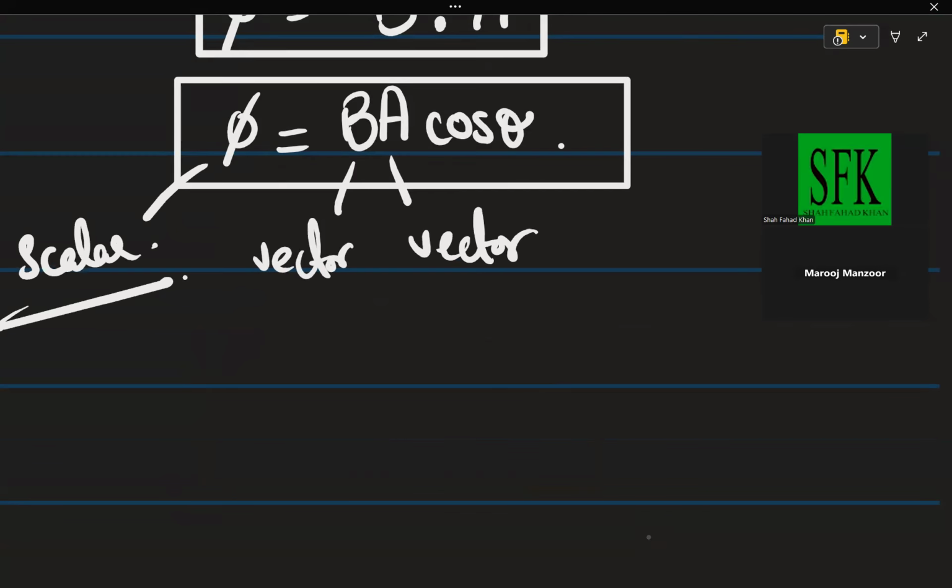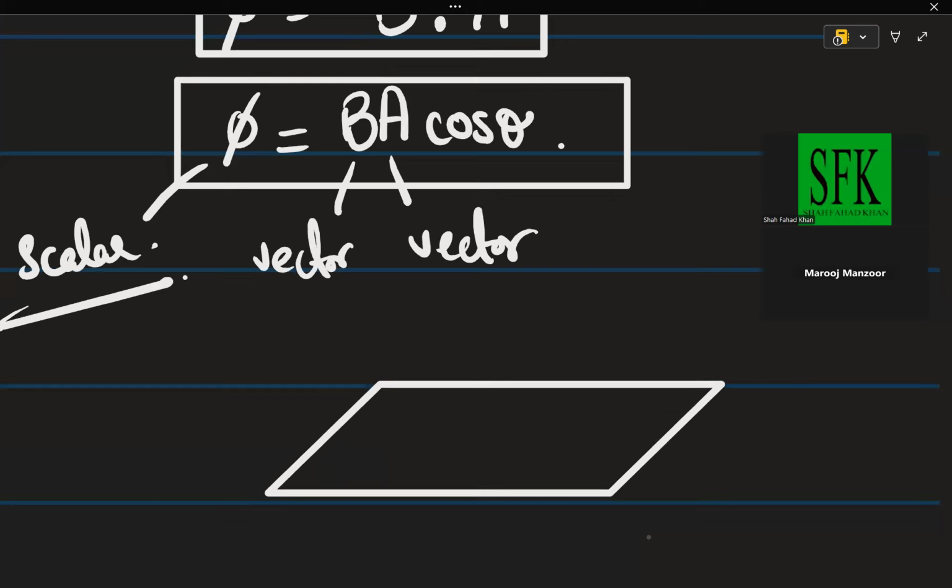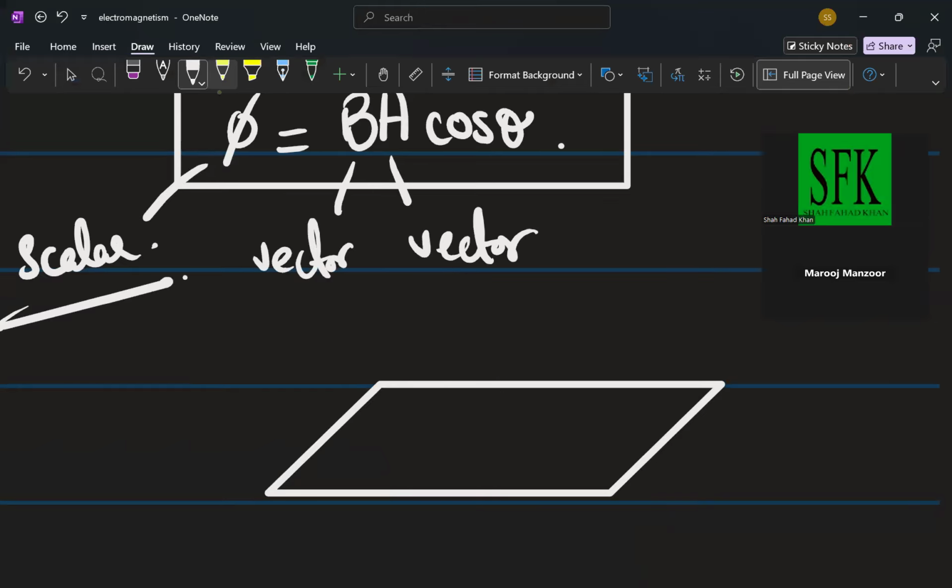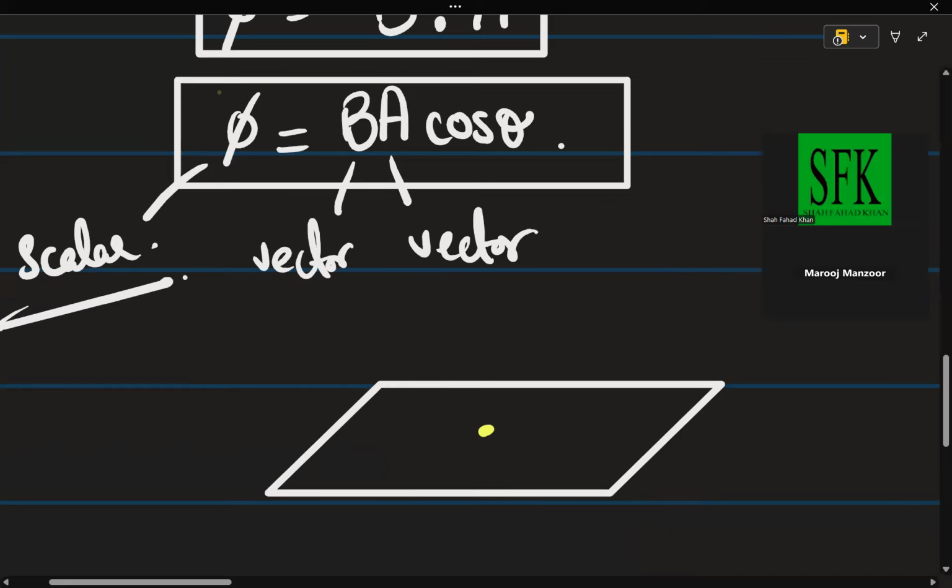For example, if this is a certain area, what would the direction be? Direction is always perpendicular to the plane of the area.